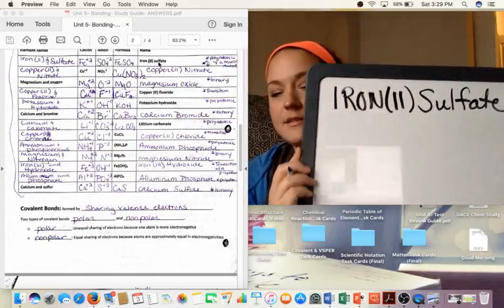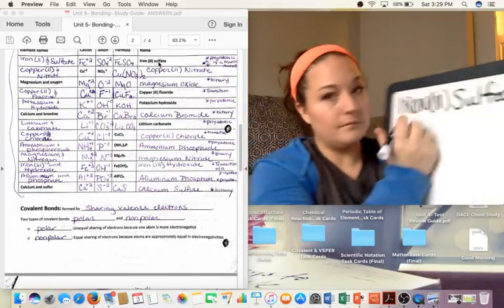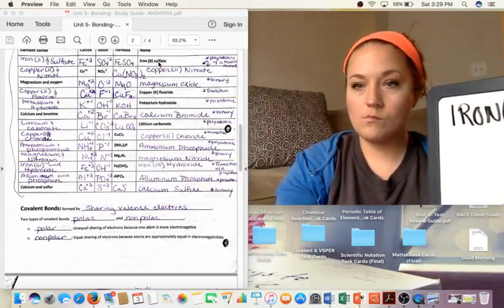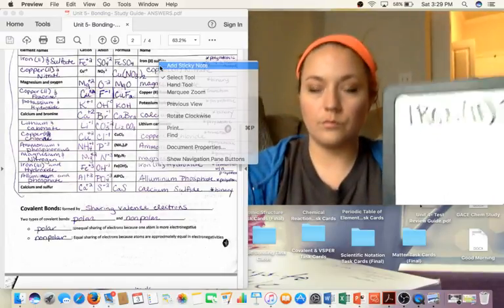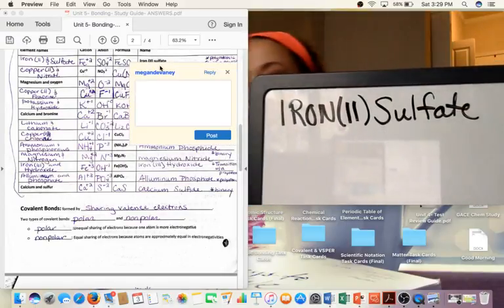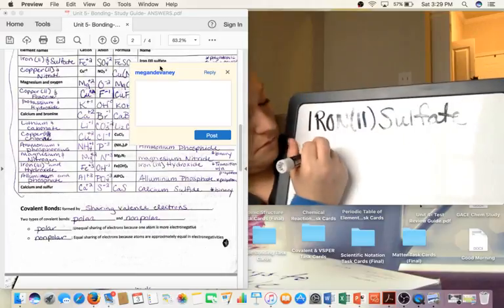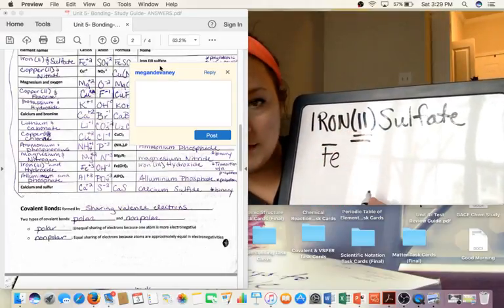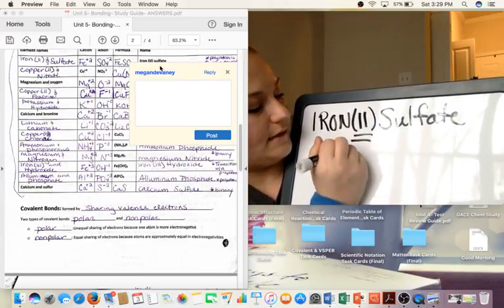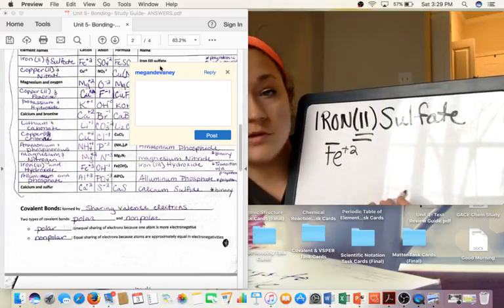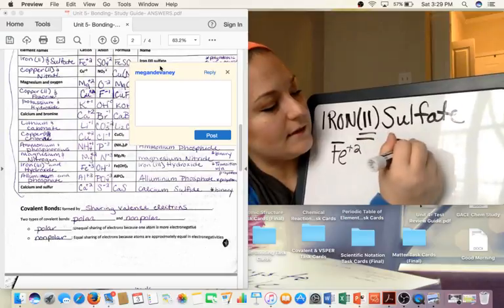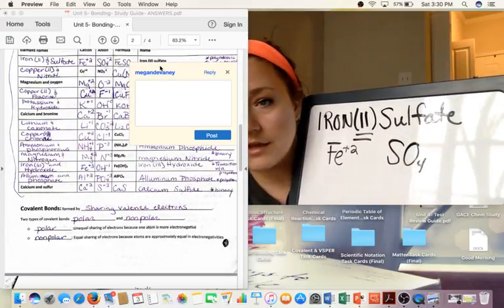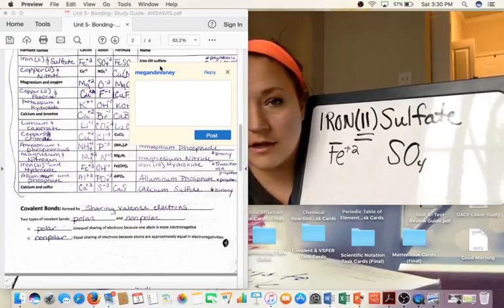So what this tells me is that my iron, because of this guy right here, he's telling me he has a +2. Sulfate, we know as SO4. So I got that sulfate from the back of the periodic table.